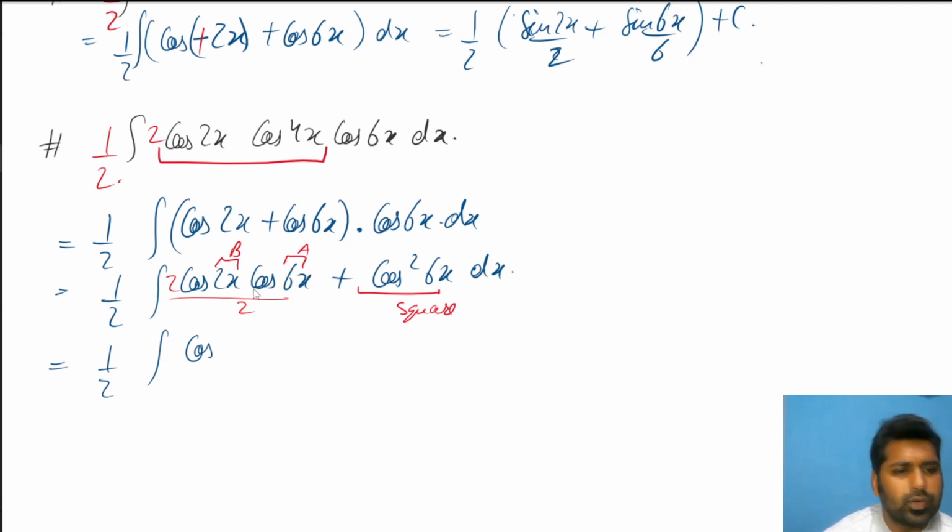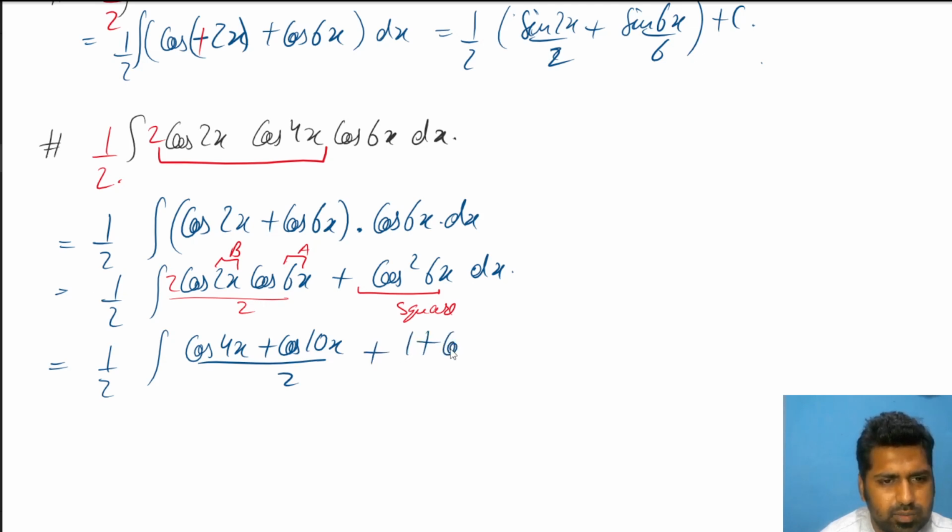You can call anything. They are in multiplication, a b, b a, same thing. So cos a minus b. So cos directly 4x plus cos a plus b, cos 10x, by 2, plus this will become 1 plus cos of double angle 12x, 6x double, by 2 dx.